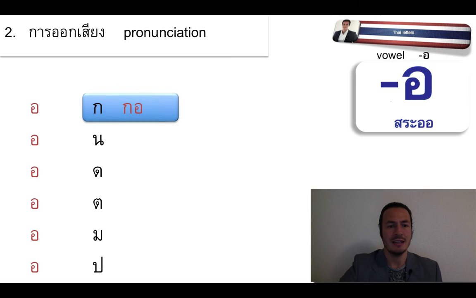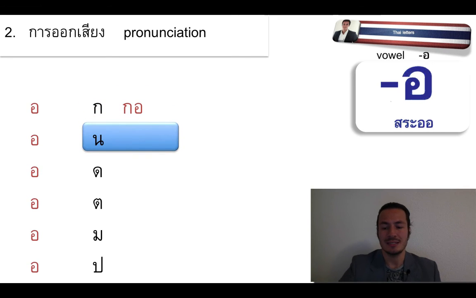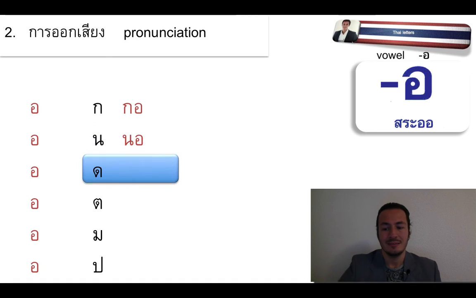Great. Then น หนู plus sara leads to the syllable na. Repeat after me, na. Excellent. ด เด็ก plus sara leads to the syllable, and now you can repeat after me, da.